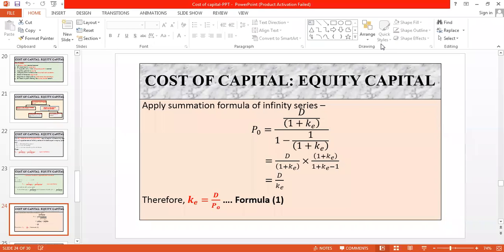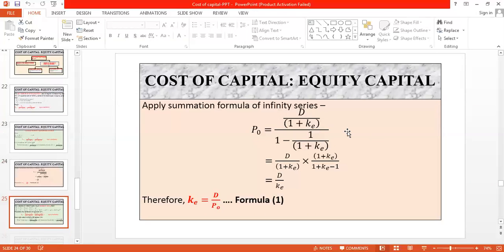Welcome back to our discussion on cost of equity capital calculation. In the previous lecture, we developed a simple formula of Ke is equal to D by P0, which is based on the constant dividend capitalization model, where the dividend was assumed constant in each year.